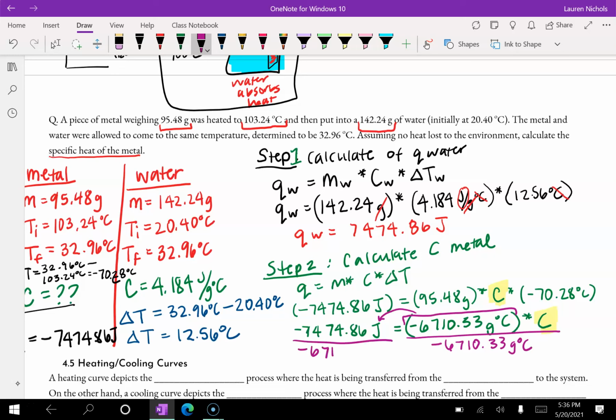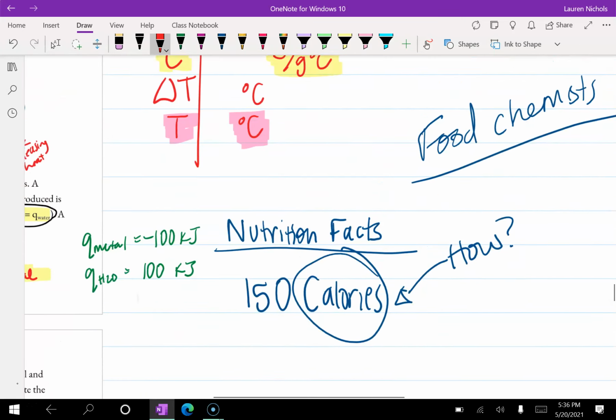So we get that C is equal to a negative 7,474.86 divided by a negative 6,710.33, and that gives us 1.11 joules per gram degrees Celsius, because none of these units canceled out, so you keep all of it, which is great because that's what our units are supposed to be according to our unit chart.